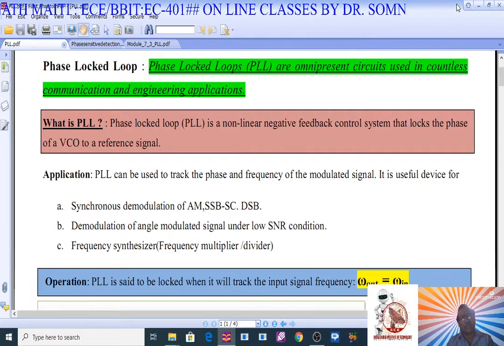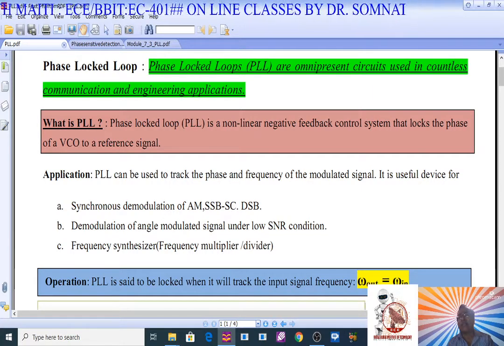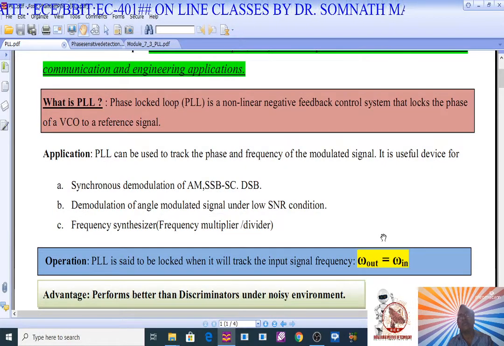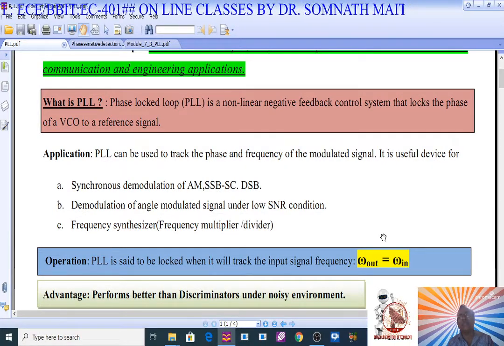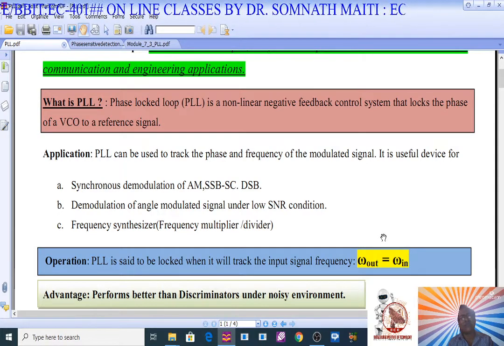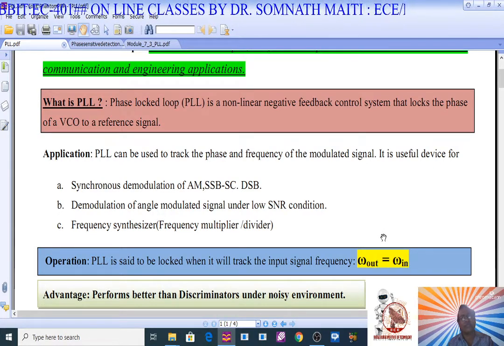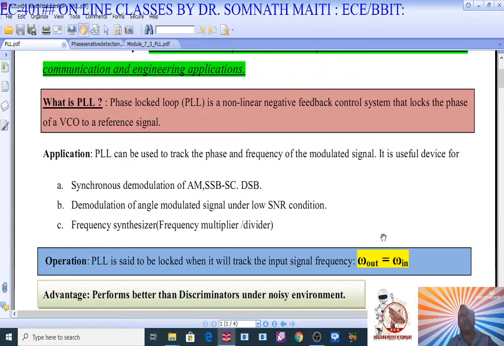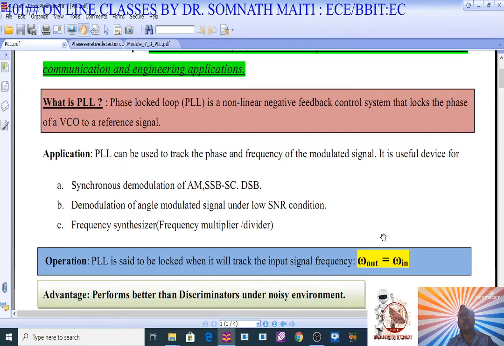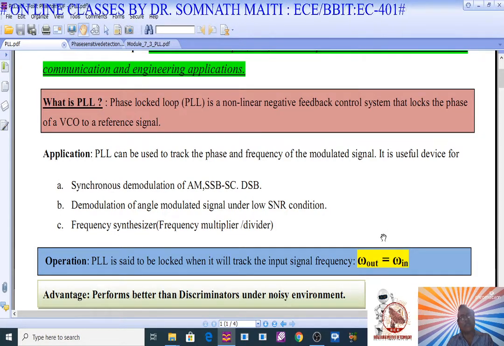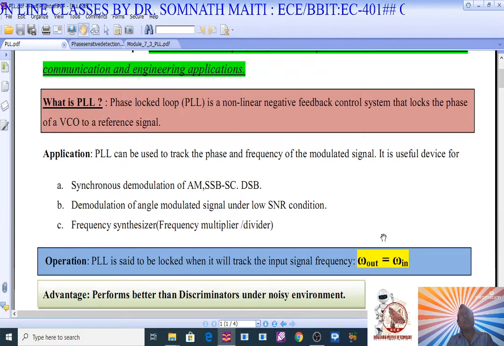Frequency synthesis. In the last lecture, I told you about frequency multipliers. Using PLL, you can multiply a signal by any factor, which may be a power of 2: 4, 8, 16, 32, 64, whatever. I am going to explain that later, but it is called a synthesizer.